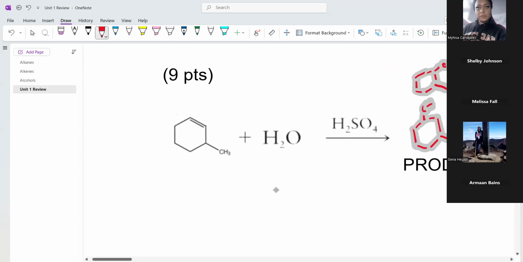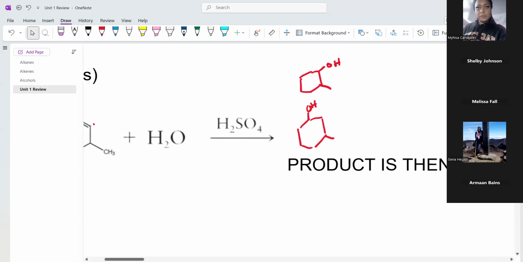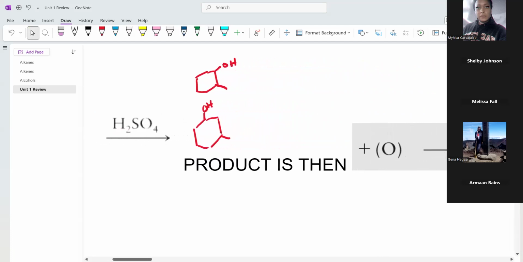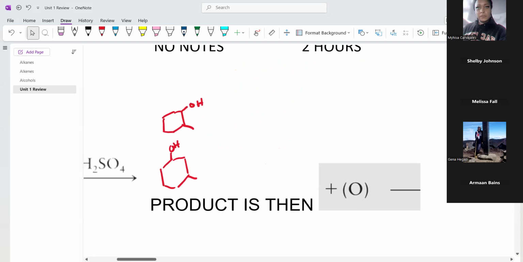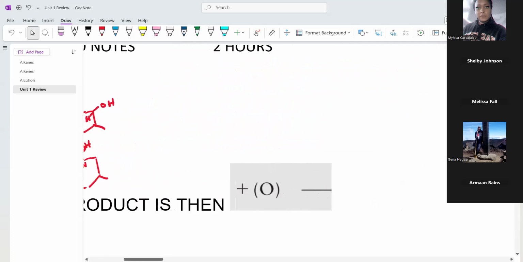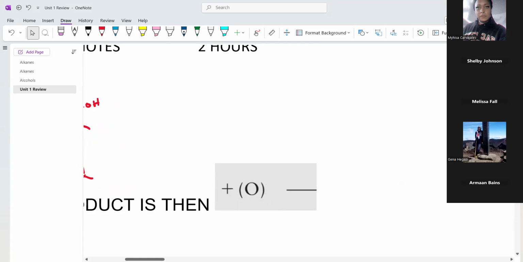Okay, so we can get OH here, OH there. Now these are secondary alcohols. That means they have an H here and H here. That needs to mean they're secondary. So when they're oxidized, secondary alcohols oxidize to the ketone.